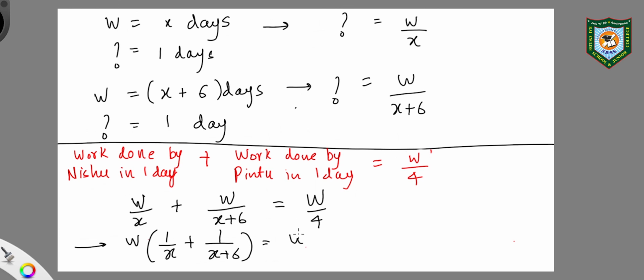This is equals to W divided by 4. W is common, so I can cancel out W, and I am left with the equation 1 divided by X plus 1 divided by X plus 6. This is equals to 1 divided by 4. And once you get this, you can get the quadratic equation by solving this set of equation, and you'll get the answer. Now, this is all for this section.